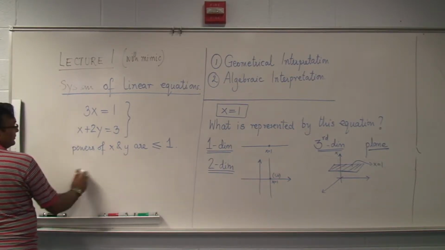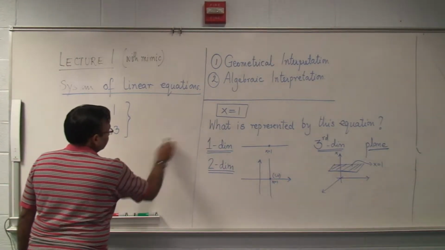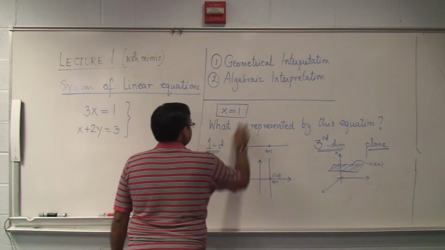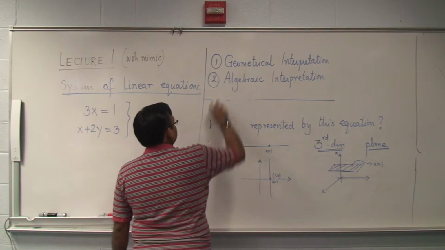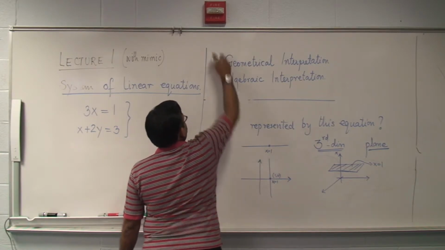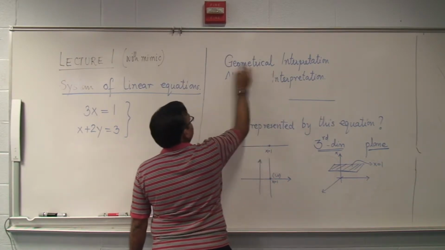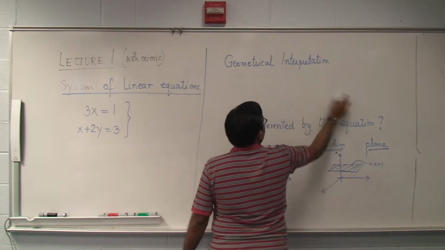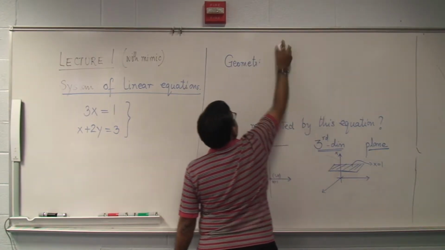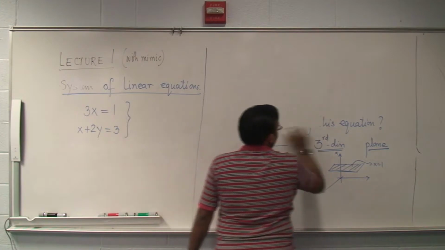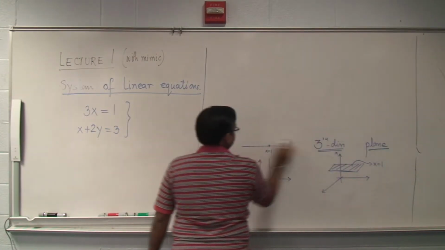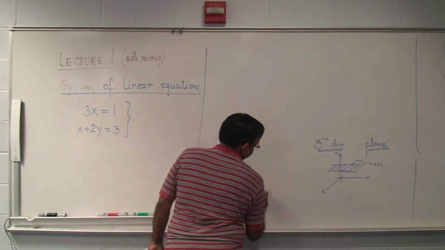Okay, so let's revisit this system again, and we'll try to understand what it means to solve an equation, and we will learn how to interpret them geometrically. What exactly does a system mean from the geometrical point of view?